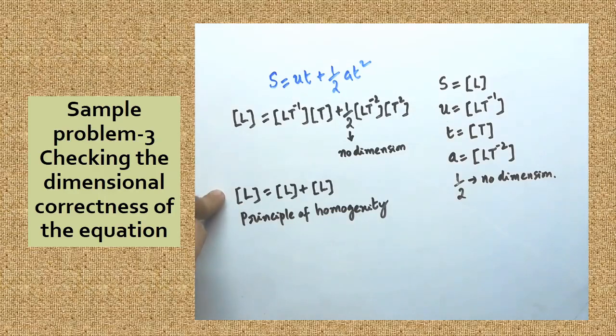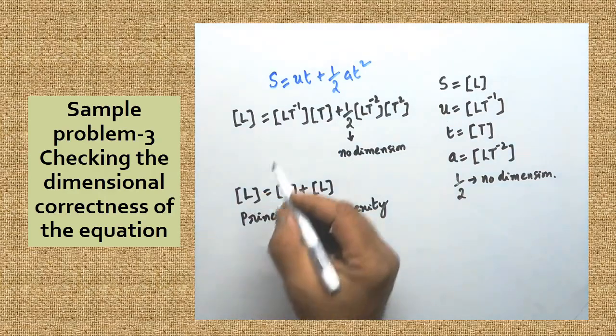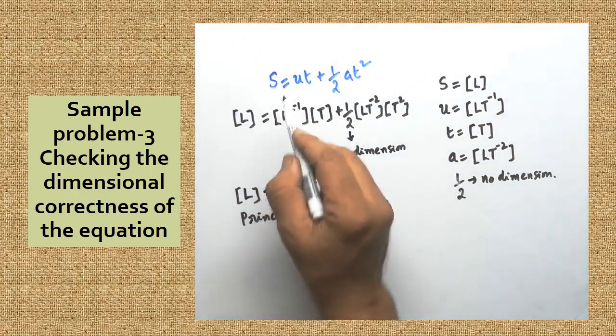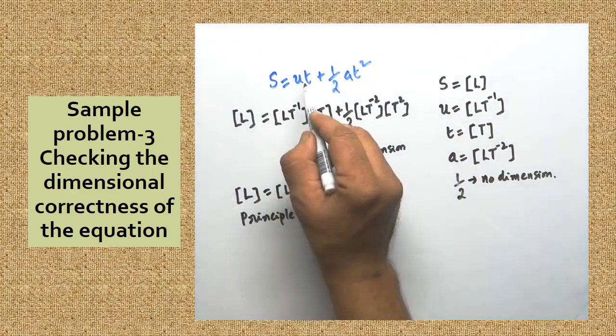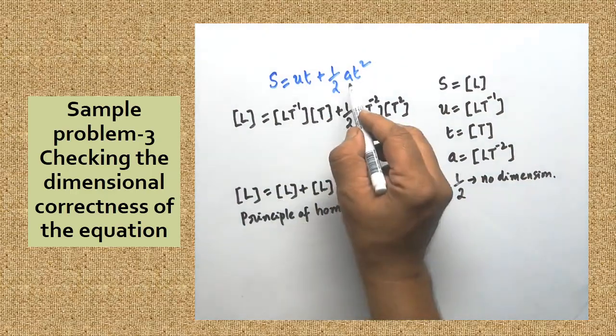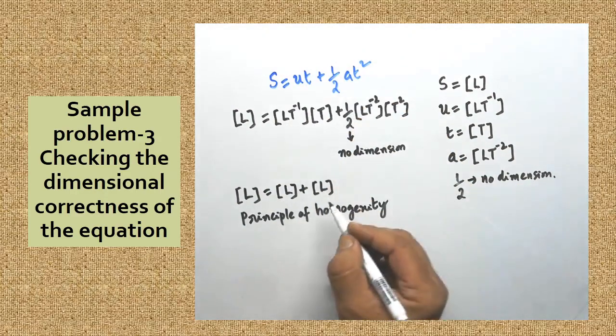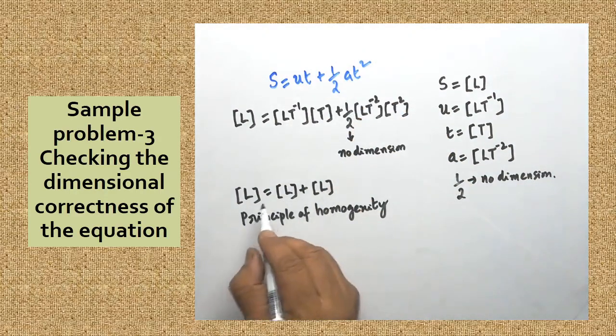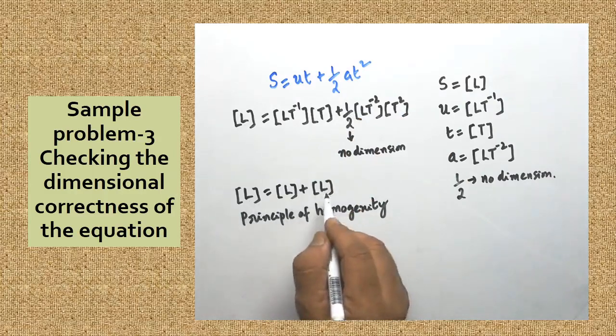That we have to find out. So as per principle of homogeneity, all dimensions are same. So look at the dimension of S. Dimension of S is L. The dimension of ut is L. Dimension of half at squared is also L. Therefore, LHS dimension and RHS dimensions are same. Don't add both. Very important step.